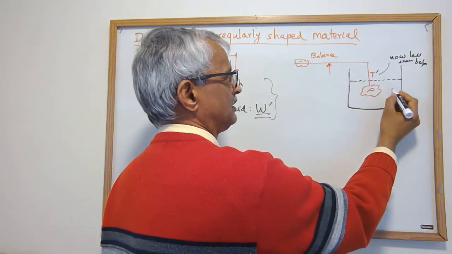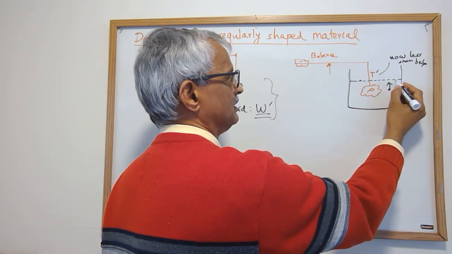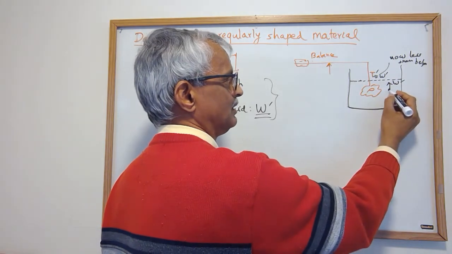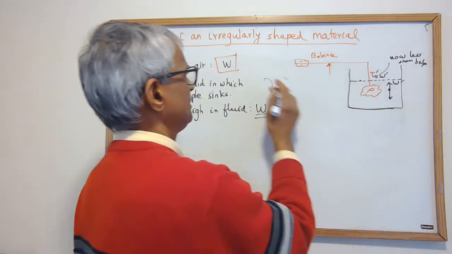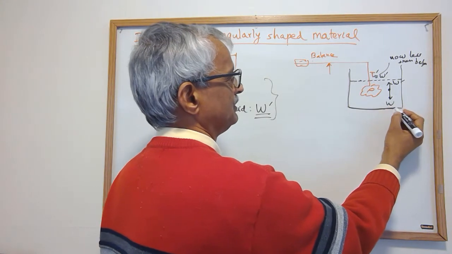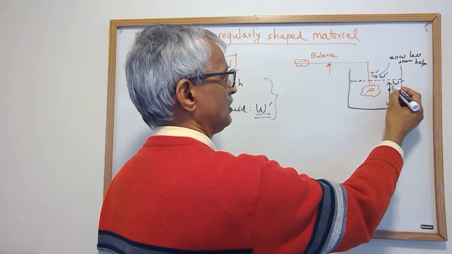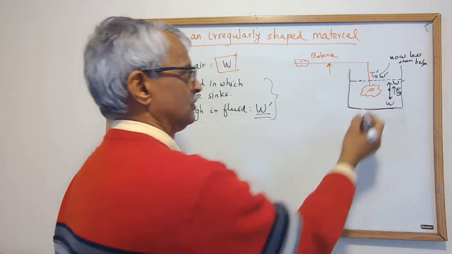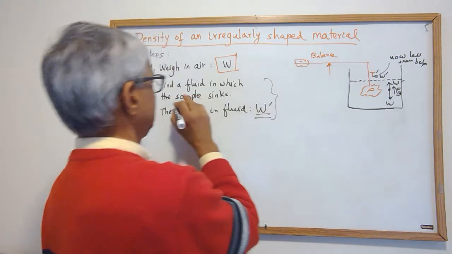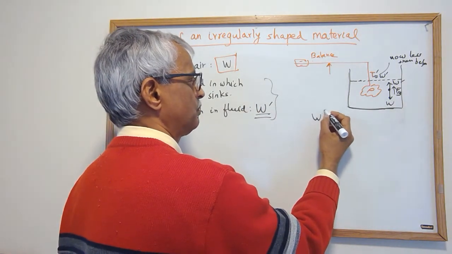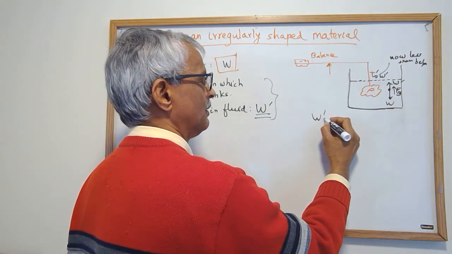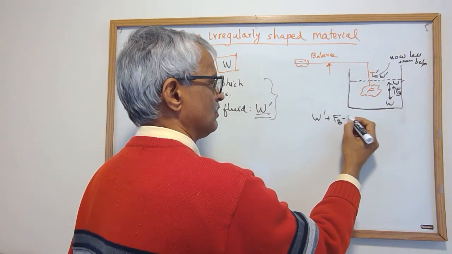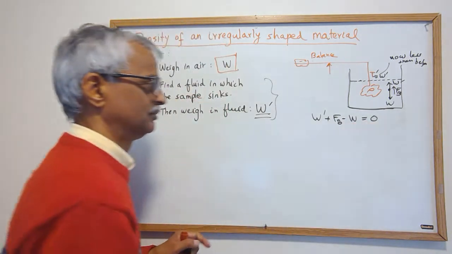because if you look at the free body diagram now, for this object you have this tension, which we're going to call W prime, and then you have the original weight W, but on top of that you have a buoyancy force going up. So in this experiment, step number 2, my equation looks like W prime plus FB minus W equal to 0.